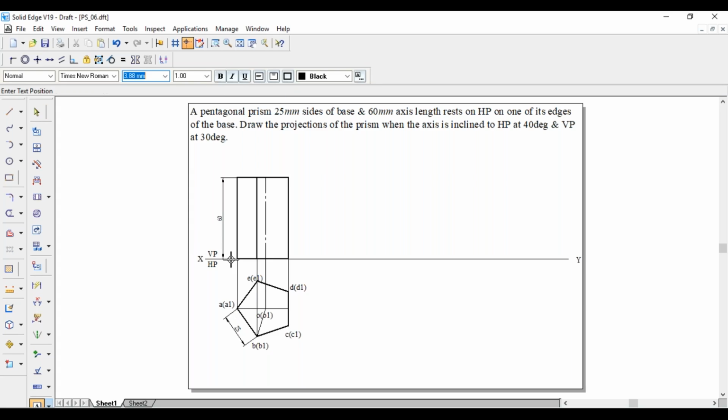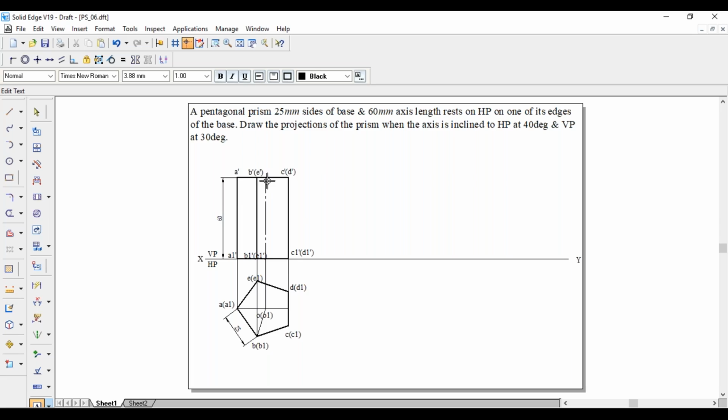This one is A1 dash, B1 dash in the bracket, E1 dash. This one is C1 dash in the bracket, D1 dash. Similarly, this is A dash, B dash in the bracket, E dash, C dash in the bracket, D dash.